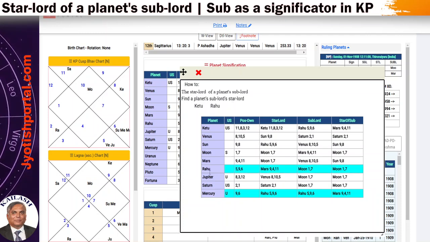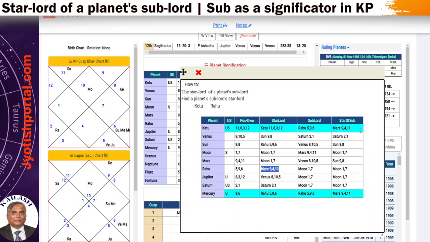So now we look at the row that has Rahu signification, and then look at the star lord value. What we find over here is Mars, and that is what we have mentioned over here, Mars.